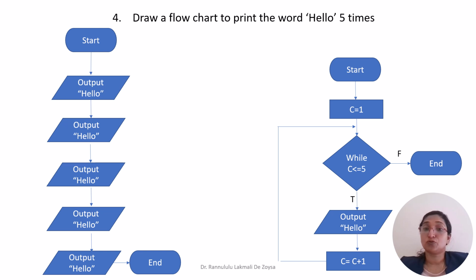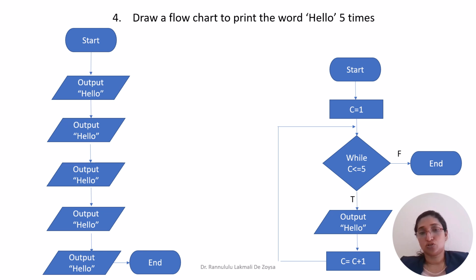Output hello. For the 4th time, you're displaying the word hello. And increase c by 1. Now, what is the value for c? It's 4. 4 plus 1, 5. Come here. While c is less than or equal to 5. Now, what is the value for c? C is now 5. 5 is equal to 5.